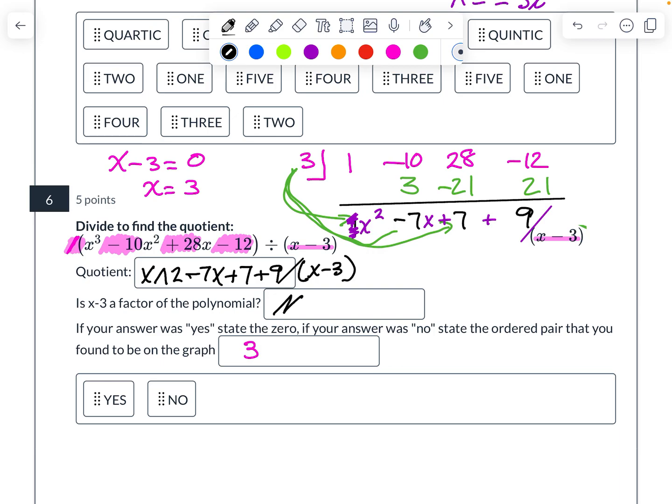So this is the answer. And because this is the number 9, it's going to go right here, comma 9 as an ordered pair. So that ordered pair came from this 3 and this positive 9.